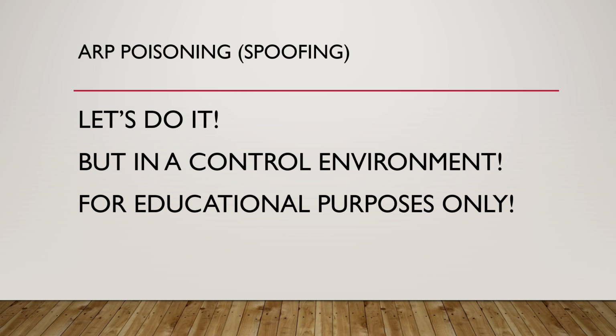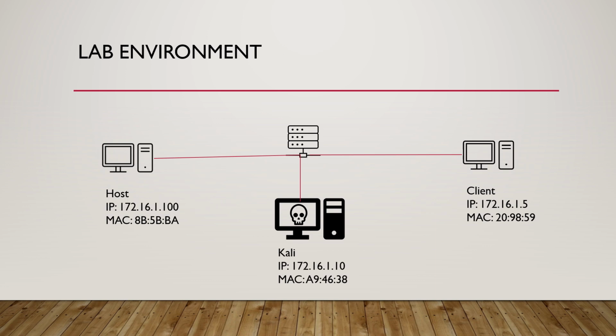Okay, so let's take a look at the lab controlled environment that we have set up here. We have a host computer that's going to act as a file server. That host has a MAC address that ends 8B5BBA. We have a client that we're going to use to copy files to that host machine.